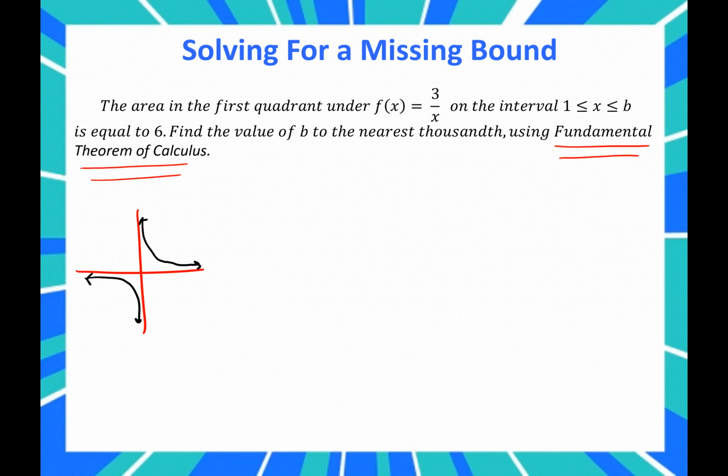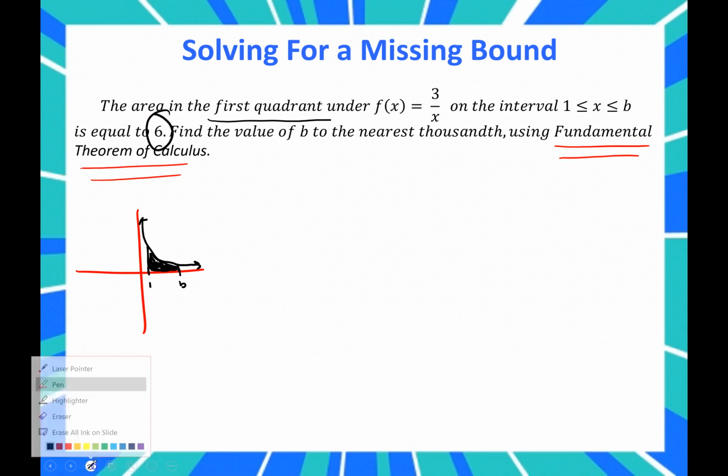So I'm being asked the area in the first quadrant. So I have to go ahead and erase this black one right here because we don't care about that. And it's saying on the interval from 1 to b, the area under the curve, that area right there, is equal to 6.